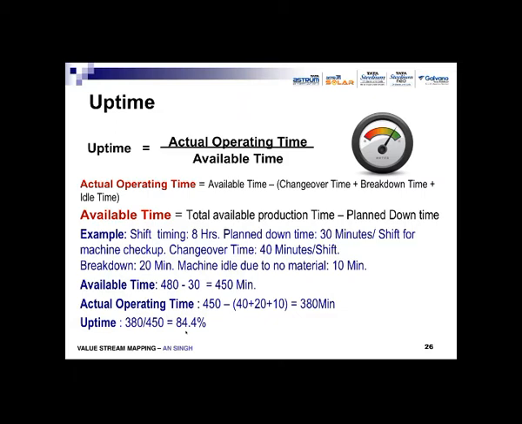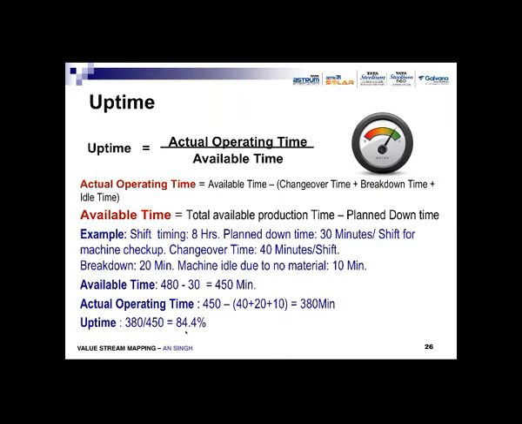Then the actual operating time is 480 minutes, but because of all other unplanned and planned downtime, actual operation is only for 380 minutes instead of total available production time 450. So the uptime is 380 divided by 450 minutes.